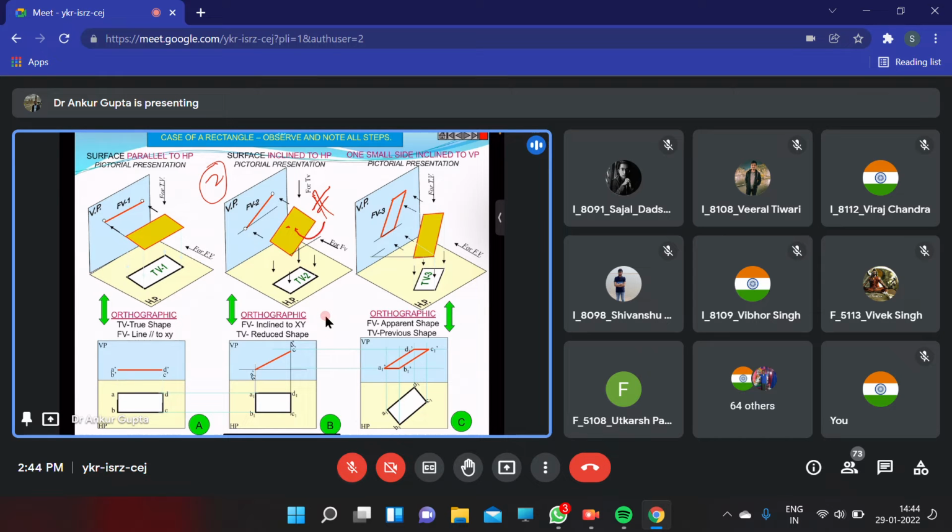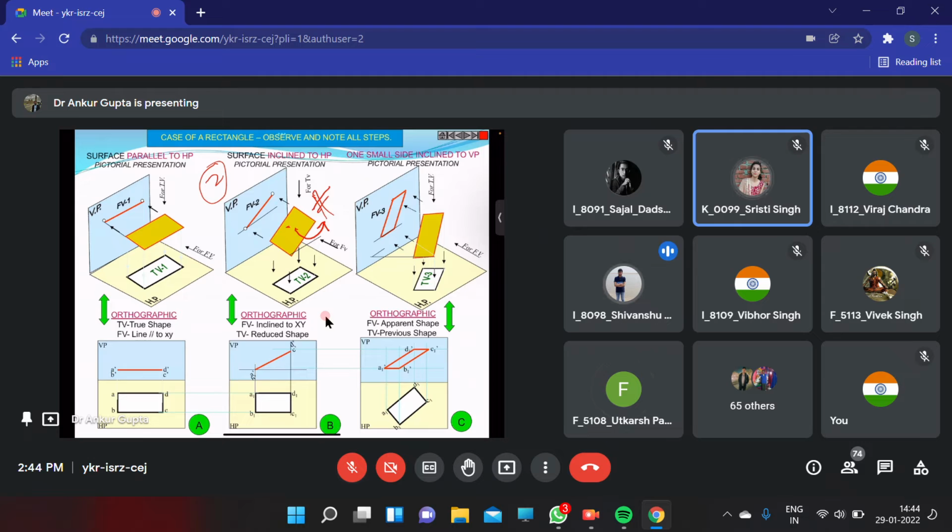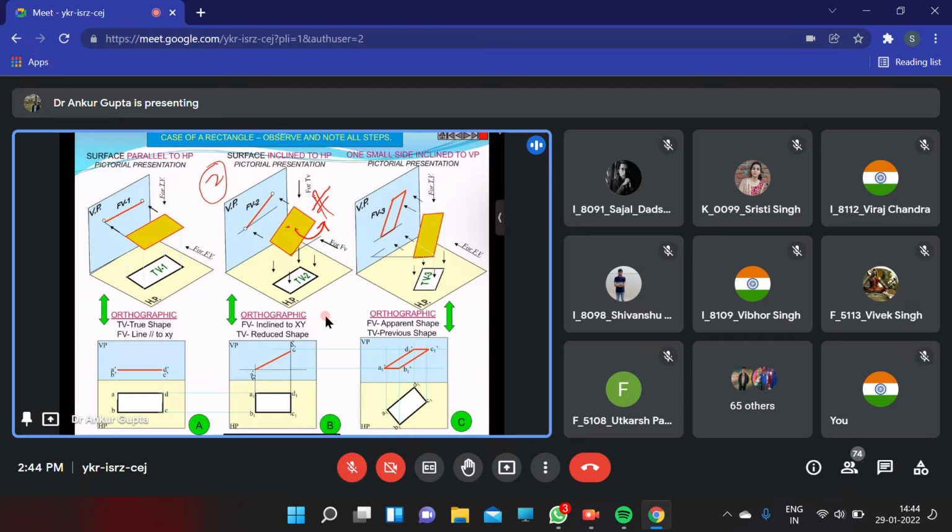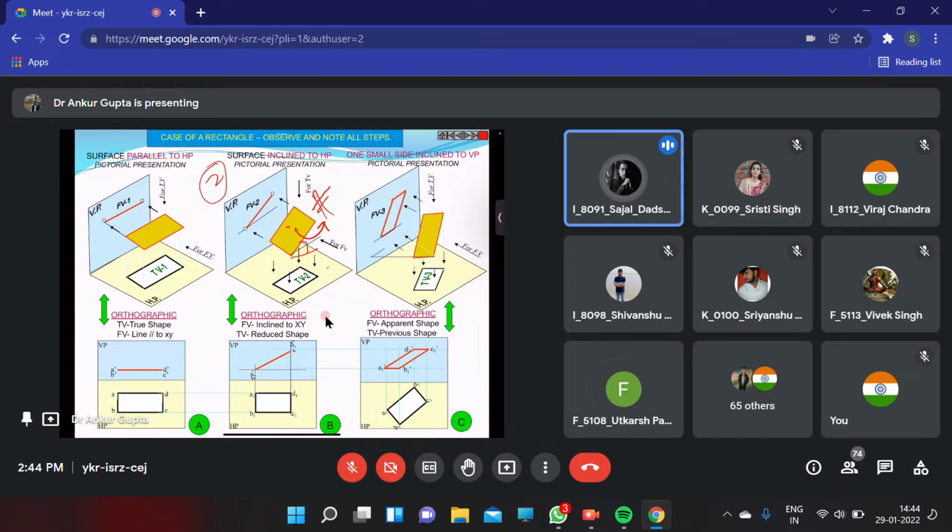Now what will happen if I turn it around like this? If I turn it around like this, am I making an angle with the vertical plane? Yes, sir. Initially, it is making some angle with the horizontal plane, right?